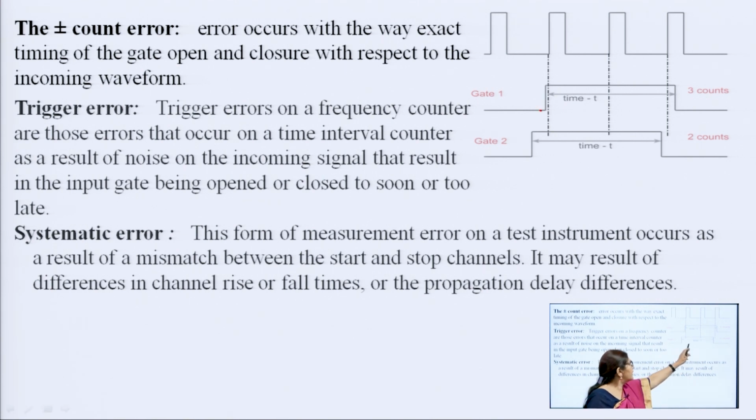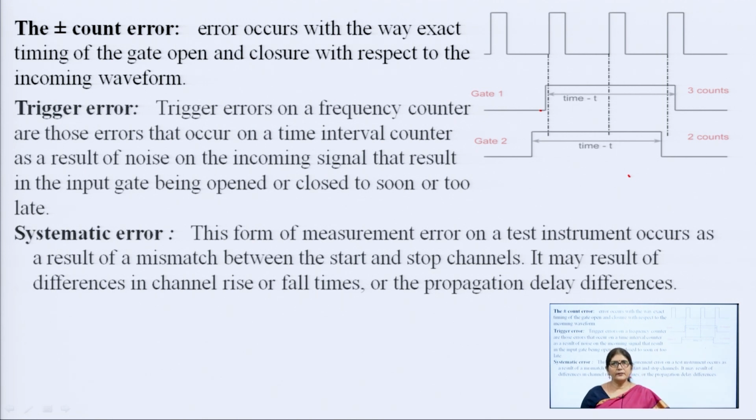If it starts counting here, so there is a slight time difference, meaning there is no simultaneous appearance of the input signal whose frequency we want to measure and the time-base generator frequency, then this type of error may happen. It can count 1 or 2 clock pulses less, or it can count 1 or 2 clock pulses more. So, this is the plus-minus count error.